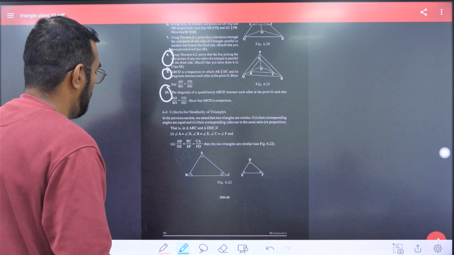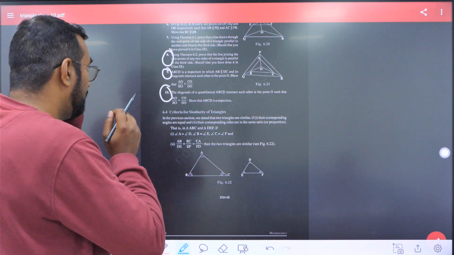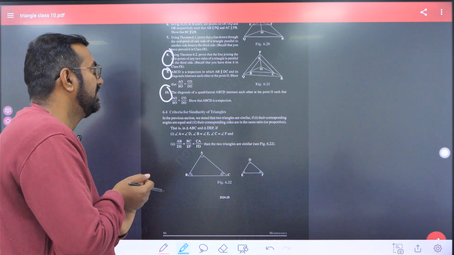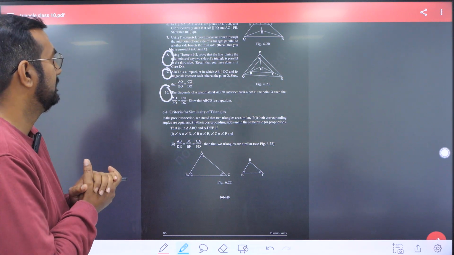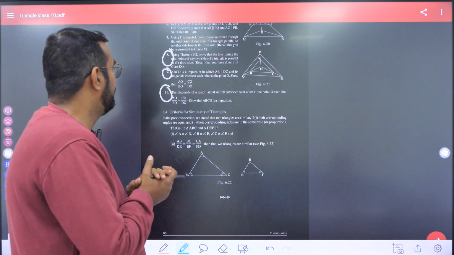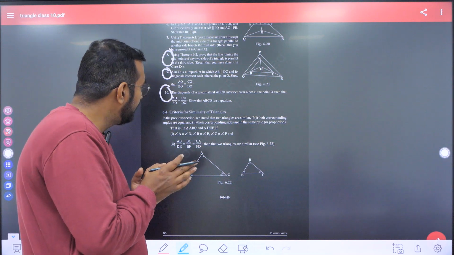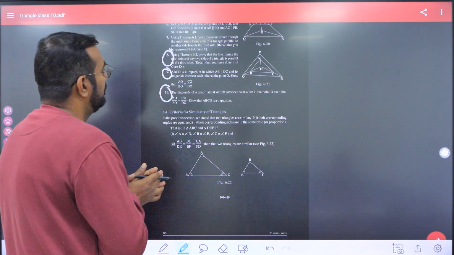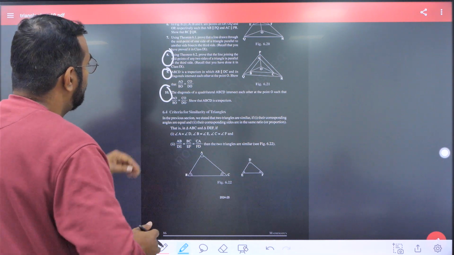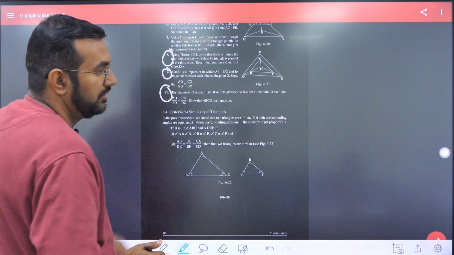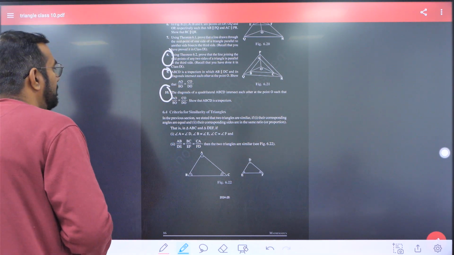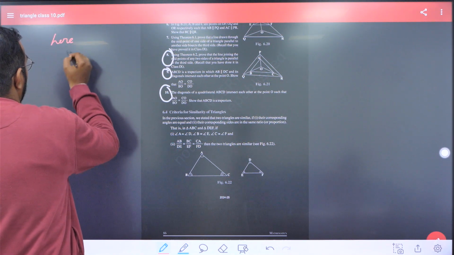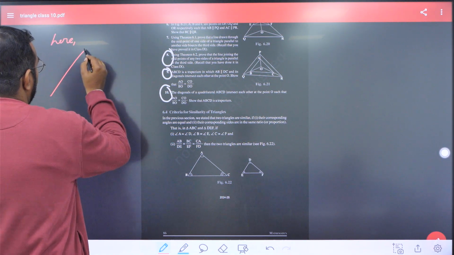In question number 9, it is given that ABCD is a trapezium in which AB is parallel to DC and its diagonals intersect each other at the point O, so that AO upon BO. So first of all, we have to draw a trapezium in which AB must be parallel to DC.